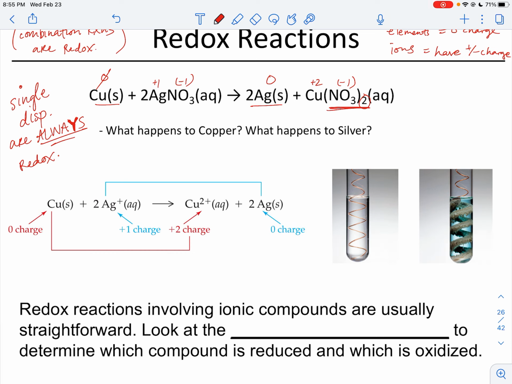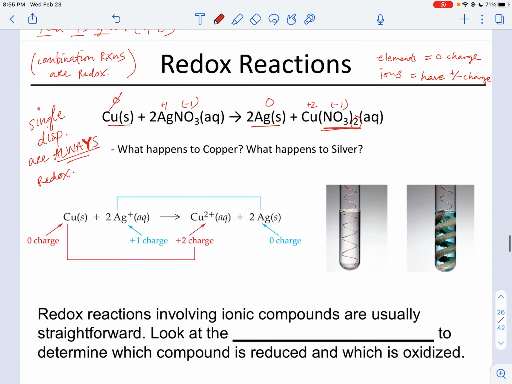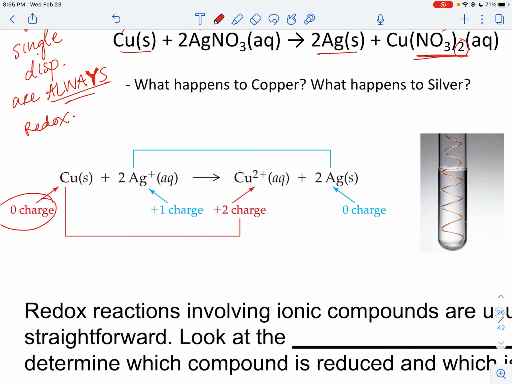Now let's summarize this. Overall, as you go from reactant to product side, how are things changing? That's what you want to ask yourself with a redox reaction. Let's read for copper here. In red, it says we start out with 0 charge and we become a +2 charge. The way I like to abbreviate it is I'll write the element and say it goes from 0 to +2.